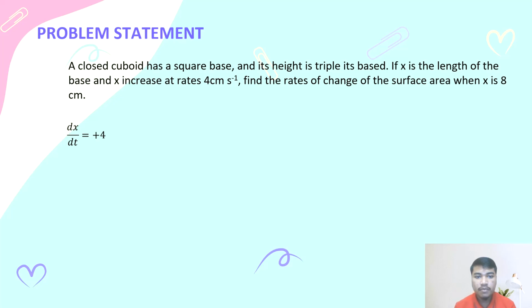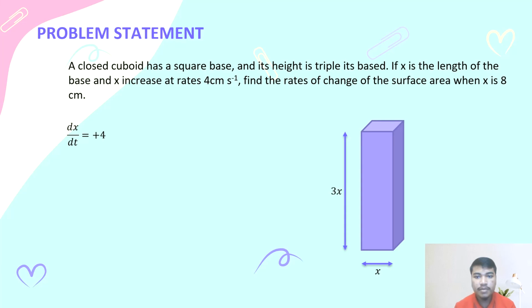From the statement, we also know that the height of the cuboid is 3x because it is triple the base length, which is x. The problem wants us to find the rate of change of the surface area when x is 8 cm. So we can write dA over dt equal unknown when x equal 8.